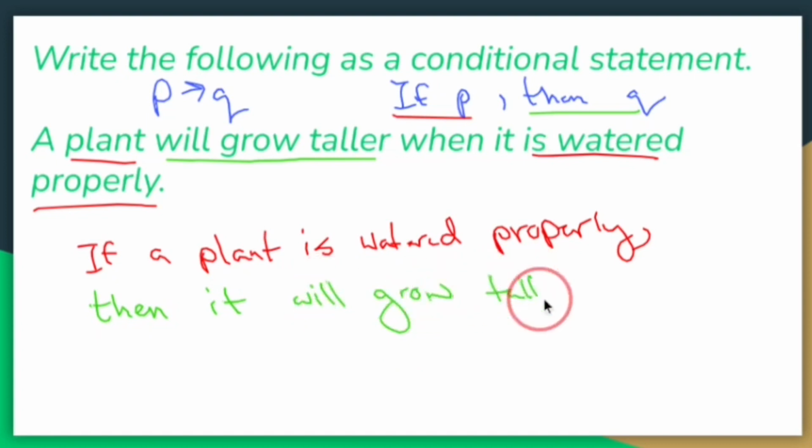What's important with these is this is just how I'm writing it out. You may have a teacher, or a friend, or a deity that might write it out differently, but this is how I'm wording it. And don't let the little words bother you, like where should I put the word plant, or you forgot to say the word when. Don't worry about it. I'm just writing it out in a way that makes sense. And the hypothesis comes first and the conclusion comes second. That's it.